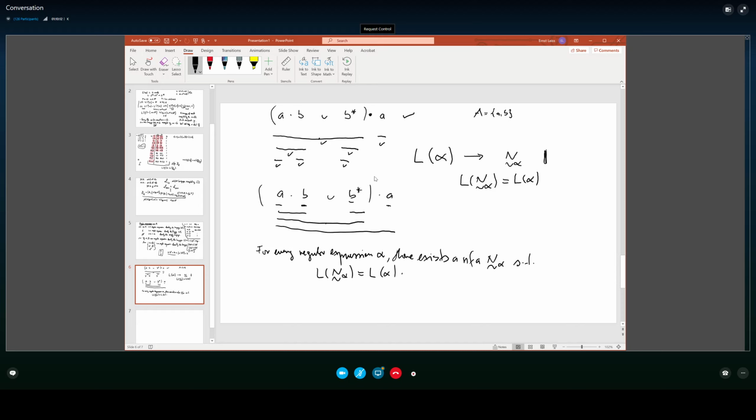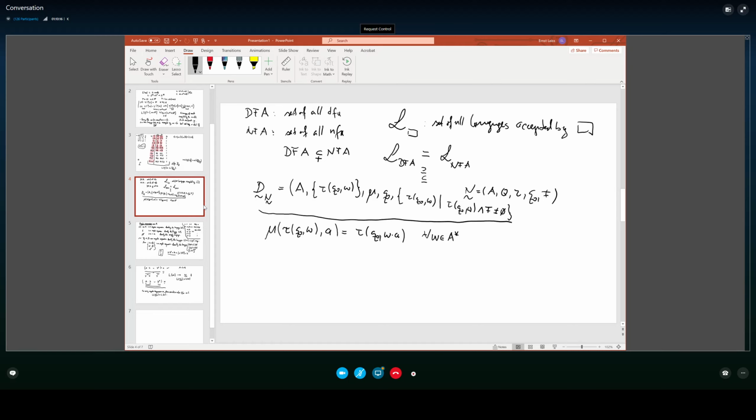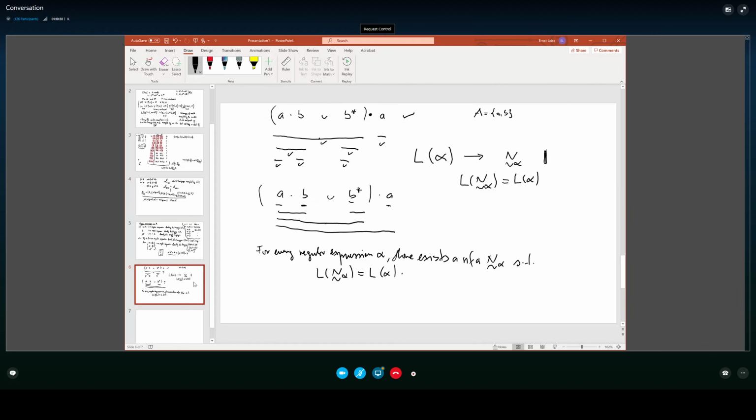And since we've already established that non-deterministic finite automata can do no more than deterministic finite automata, for every non-deterministic finite automaton, I can construct an equivalent deterministic finite automaton. It follows that ultimately I can construct a deterministic finite automaton for any regular expression.